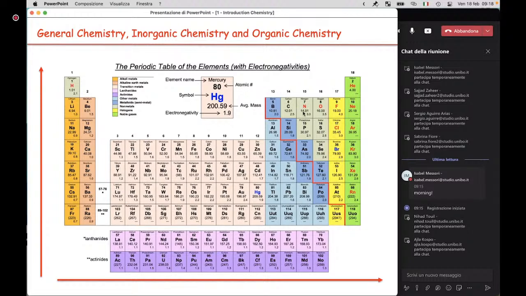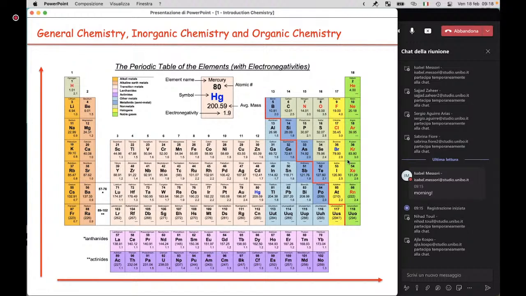Okay, so of course the molecules will be made up of atoms connected by covalent bonds. If you remember, when the electronegativity is similar among the different atoms, bonds are covalent. I mean, of course, they will be polar covalent bonds because electronegativity is different, but they will be covalent nonetheless.